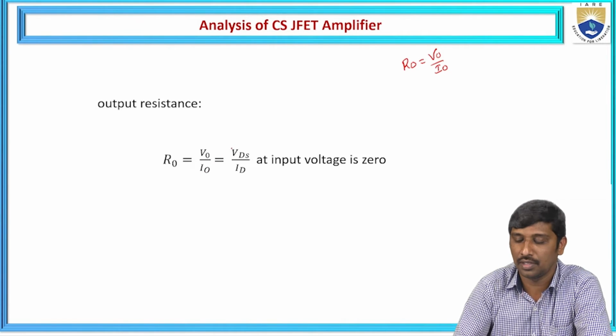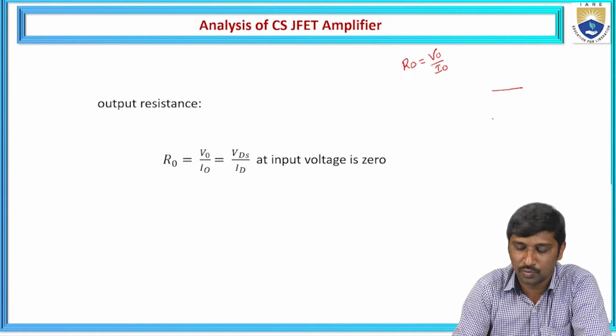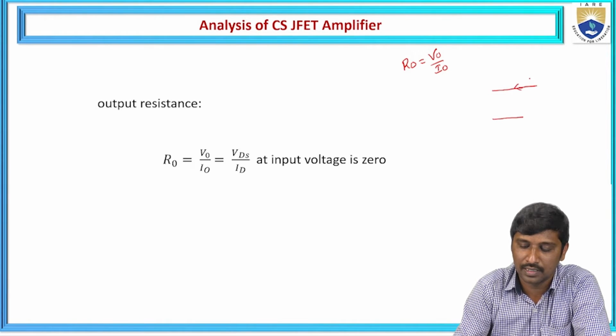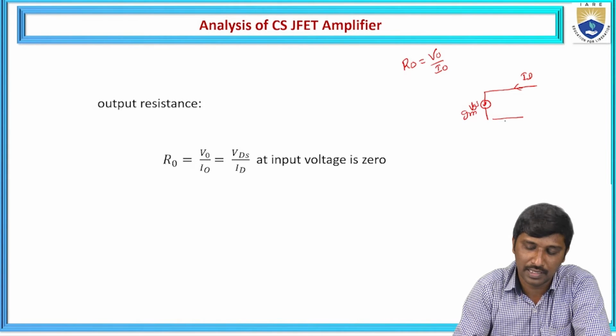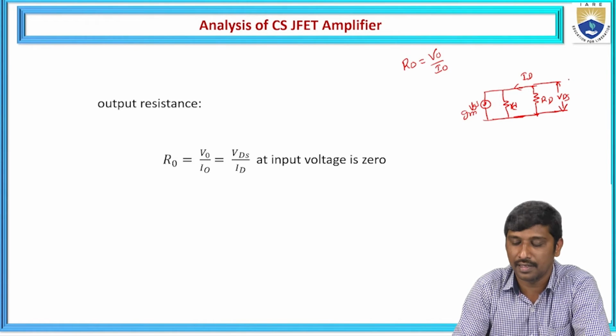From the circuit again, if you recall the circuit, what is the output side? It contains the drain side, and the parameters are represented as Gm into VGS, and this is small rd, and externally we connected capital RD as a load resistance, and here it is represented as the potential difference between drain and source.